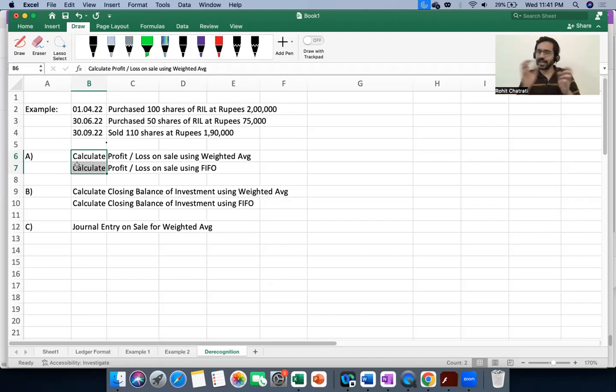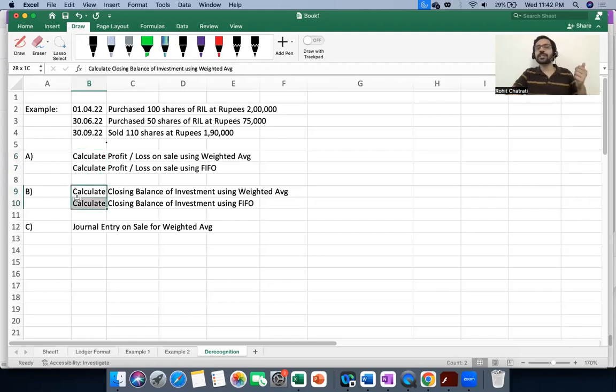Because to calculate the profit or loss, you need sales minus the carrying amount, right? How do you calculate the carrying amount? That calculation is now going to involve either application of weighted average or application of first in first out method, something that we did not do in the previous lecture because we did a full disposal over there and we're doing a partial disposal over here. That was question number one.